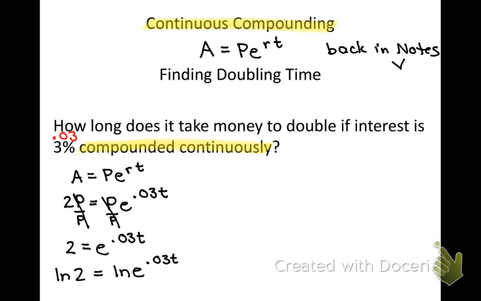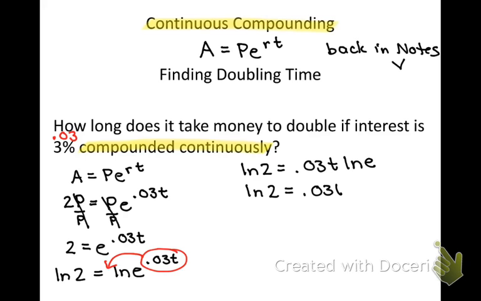All right, let's bring that 0.03t down to the front. And I now have the ln of 2 equals 0.03t ln of e. We know that the ln of e is what? Yeah, it's 1. So this gives me the ln of 2 equals 0.03t times 1.